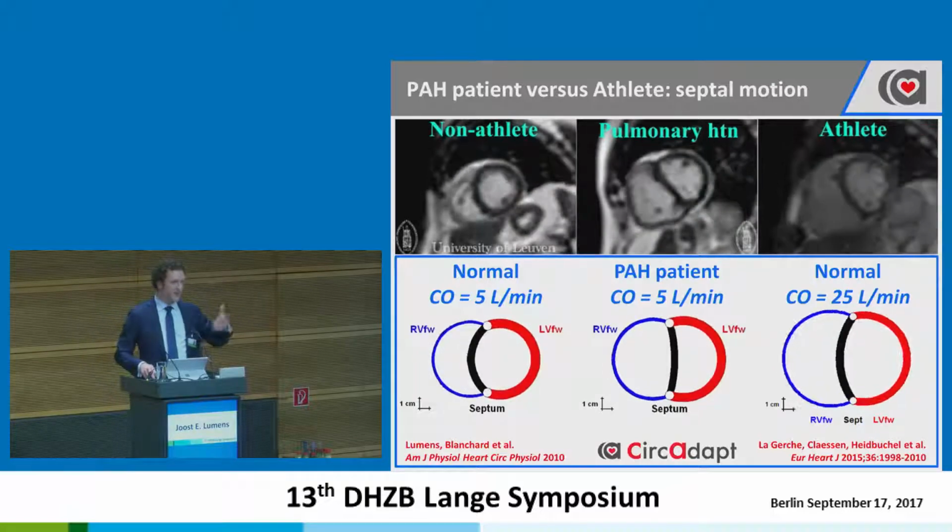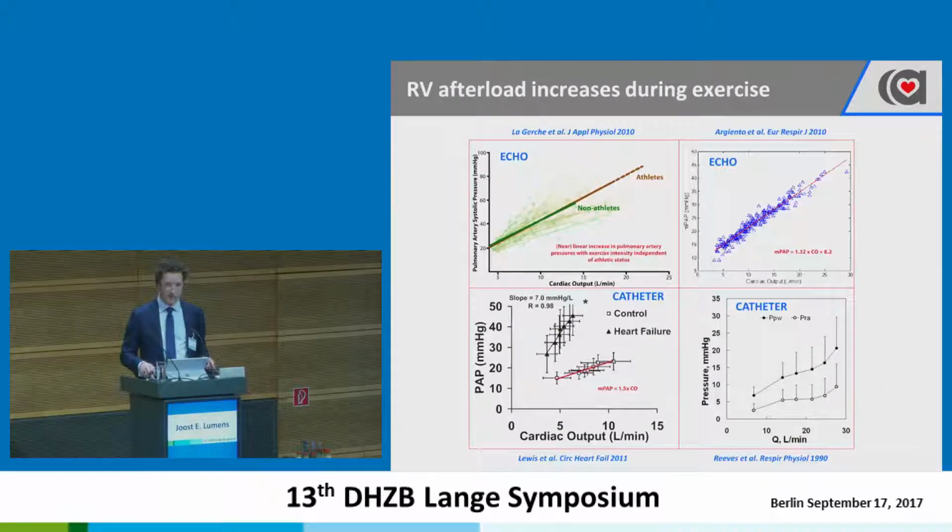But then we started thinking about this, and you may already guess what the explanation is. That is simply because we don't have a regulatory system in the lungs like we do on the systemic side. So the lungs cannot dilate their vessels as much as we can in the systemic circulation.